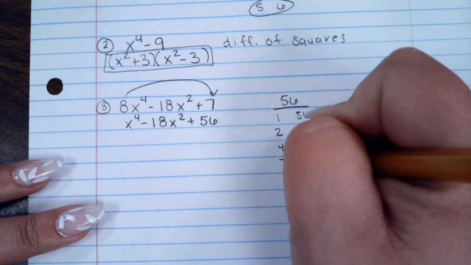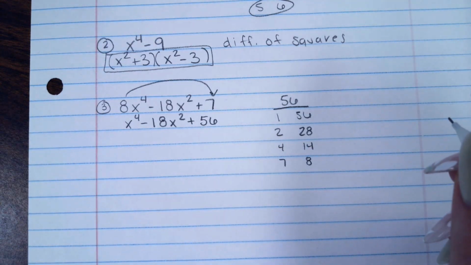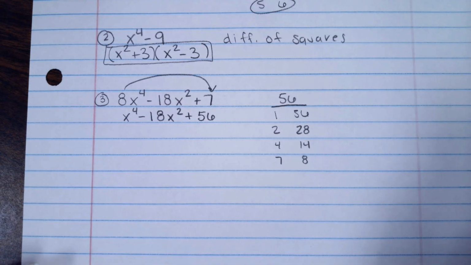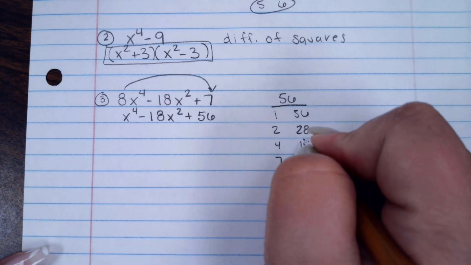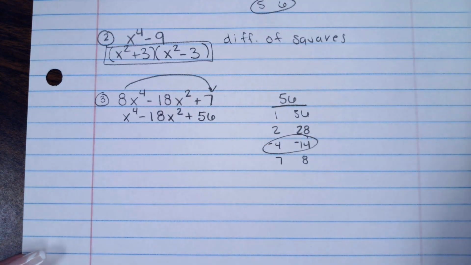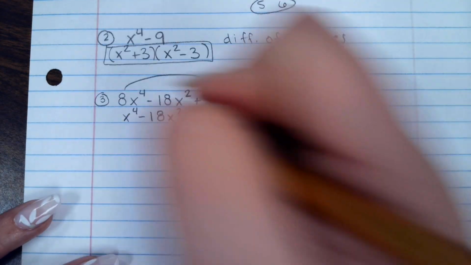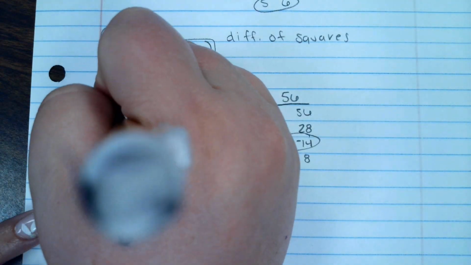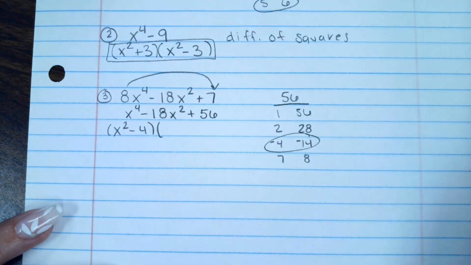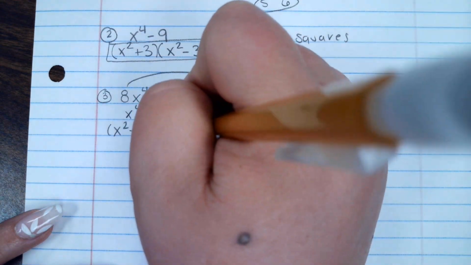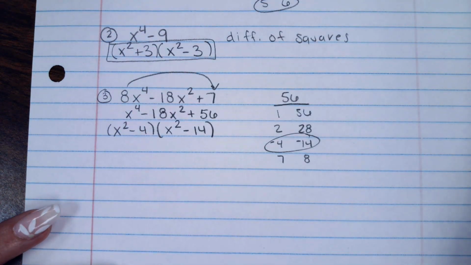And then we have 7 and 8. All right, so we need two numbers that are going to add to negative 18 and multiply to positive 56. Well, we can do that with these. We just have to make them both negative. So we'll have x squared minus 4 and x squared minus 14.